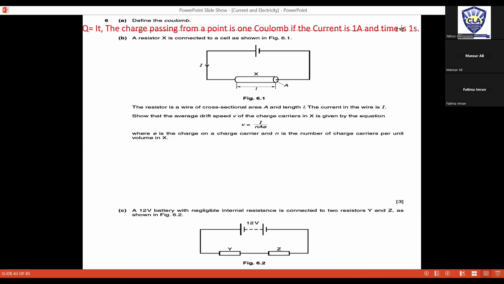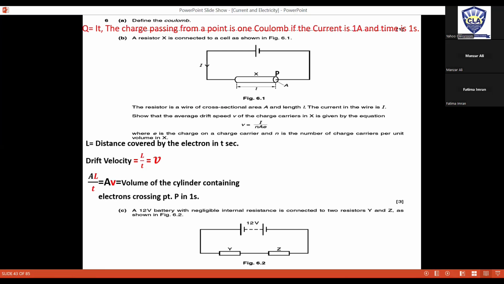We have to prove the drift velocity. The first step, L is the length of the conductor, point P, how many charges passing point P per second, that's the current. So first of all, L is the length covered by the electrons in T seconds. So drift velocity is L over T. AL over T is your volume of cylinder containing electrons passing point P in 1 second.